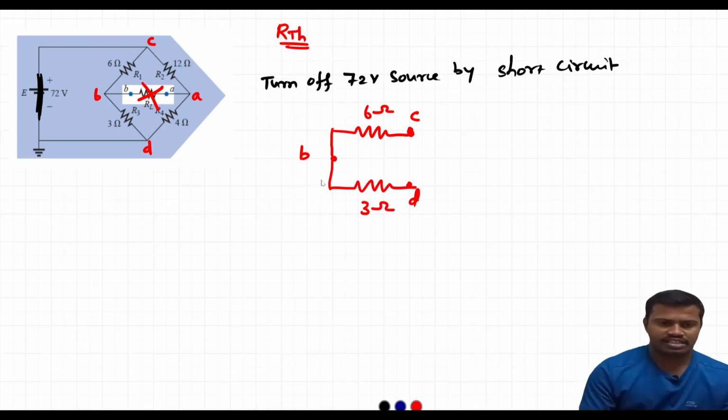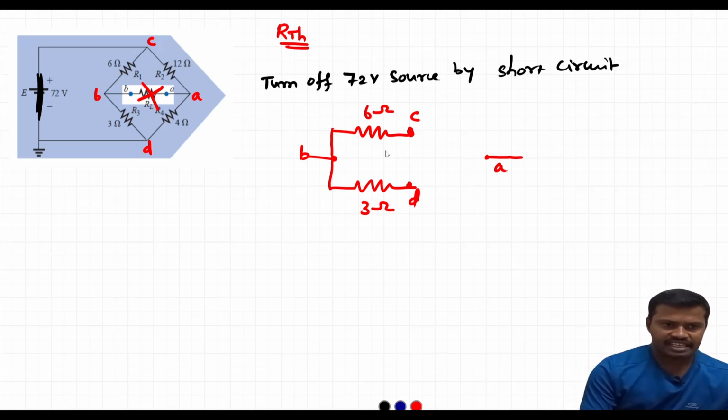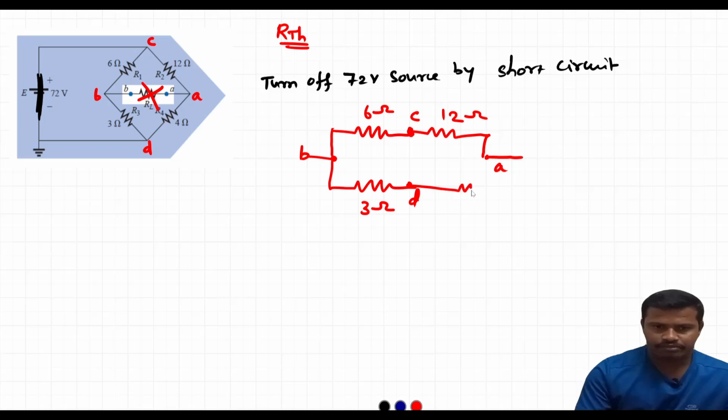Next we will mark terminal A here. Between C and A there is a 10 ohm resistor, and between A and D there is a 4 ohm resistor. Between C and D there is a short circuit.